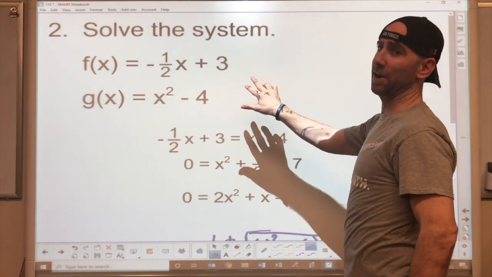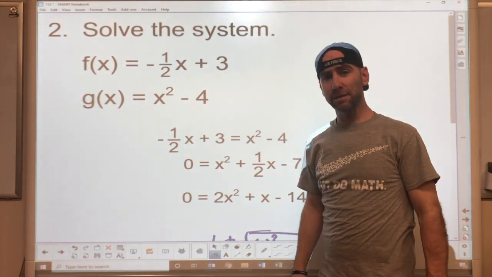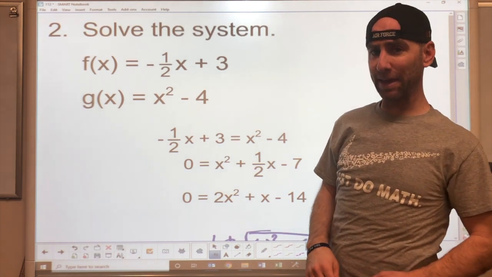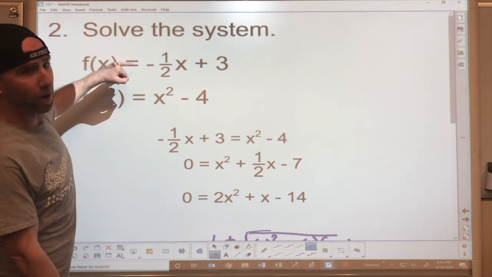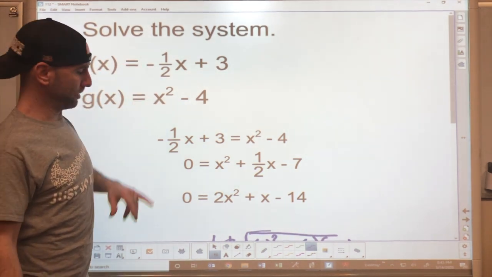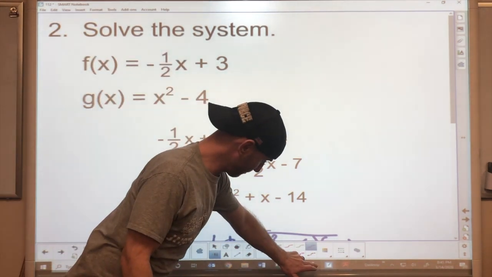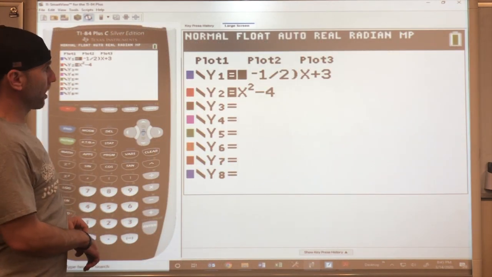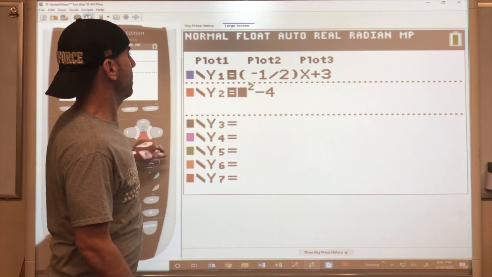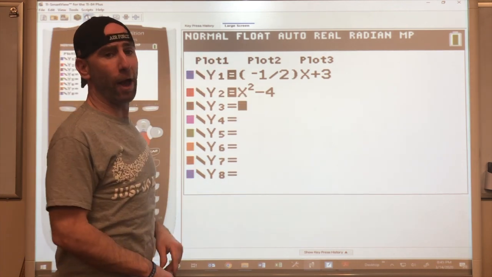that we're solving here. However, I want you to do something with your calculator. Grab it and enter y1 and then y2 like this. Okay, so take a look at y1.